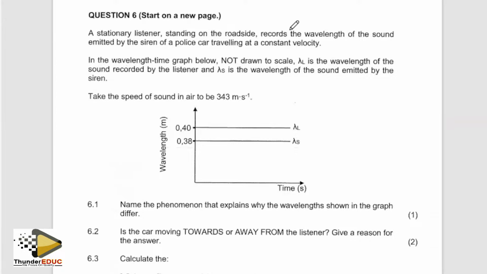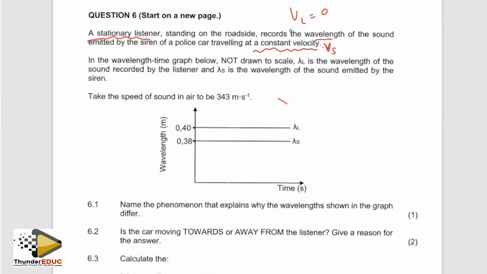All right, question number 6. A stationary listener. So the velocity of the listener is 0. Standing on the roadside, records the wavelength of the sound emitted by a siren of a police car that is traveling at a constant velocity, 0 acceleration. Let me call this the velocity of the source.